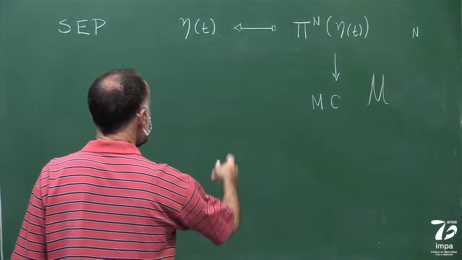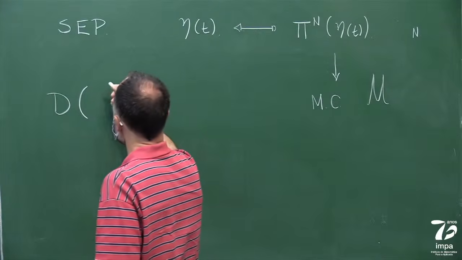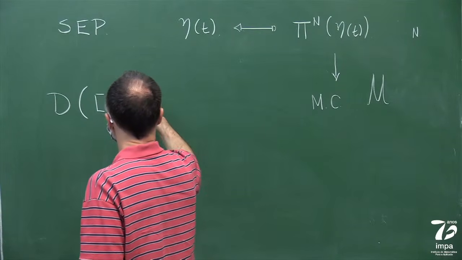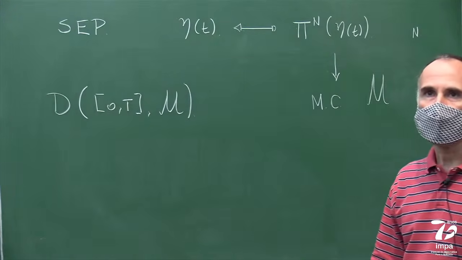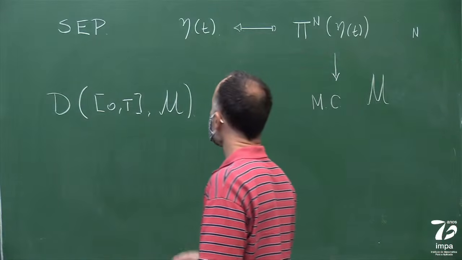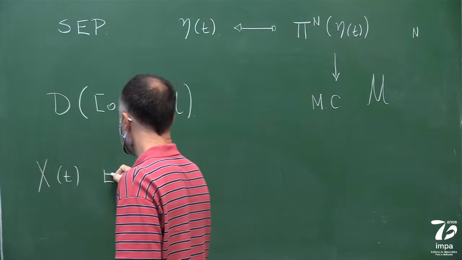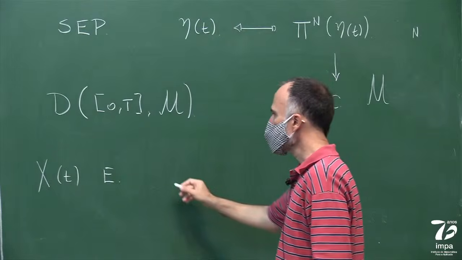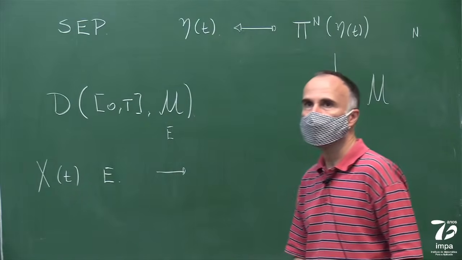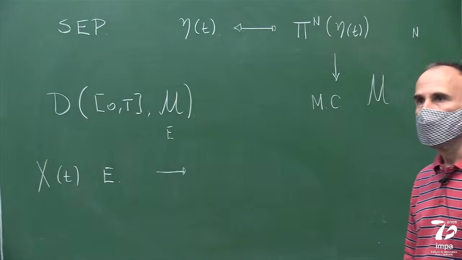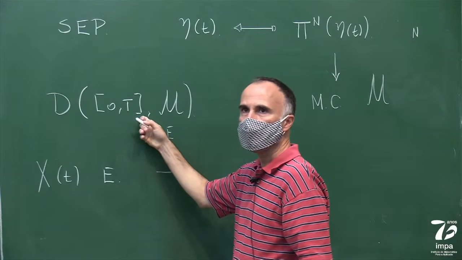And so I can understand this process as a process in the interval 0 to t, with values in m. Here remember that if I had a Markov process xt, taking values on some space E, I could construct a measure on this space, where instead of M I have E, where this space is the space of right continuous functions with left limits.